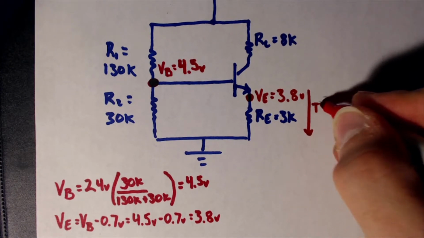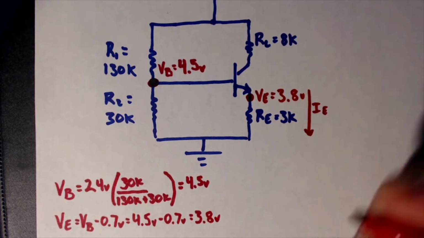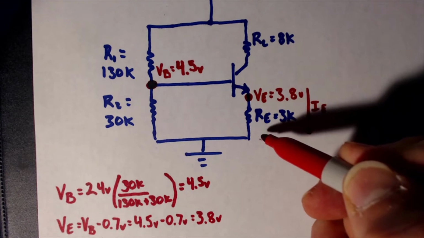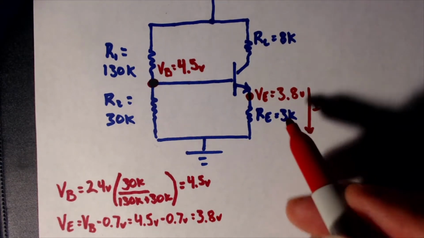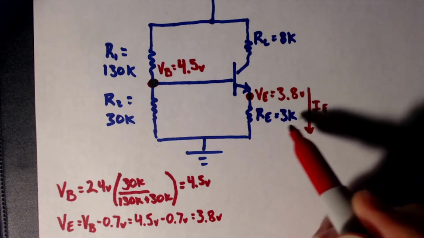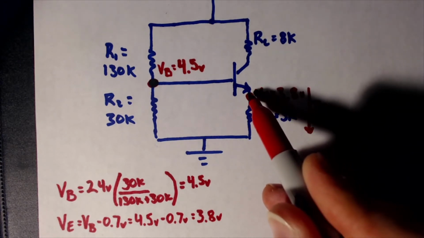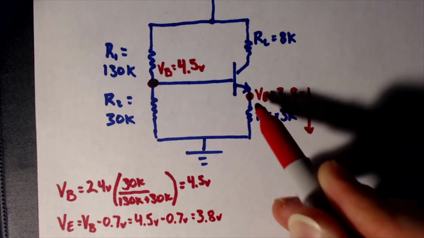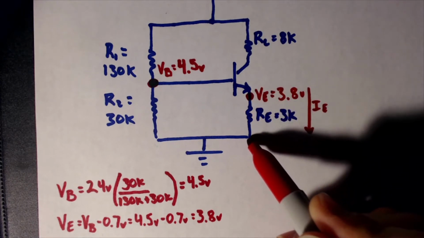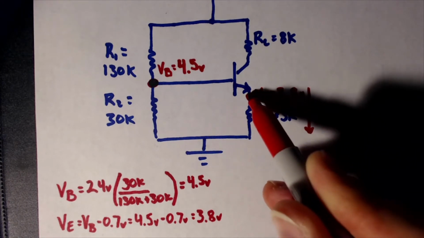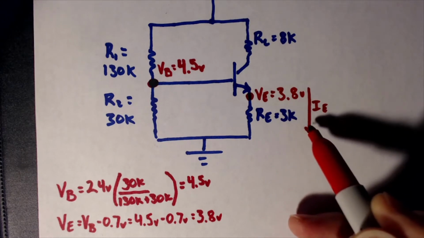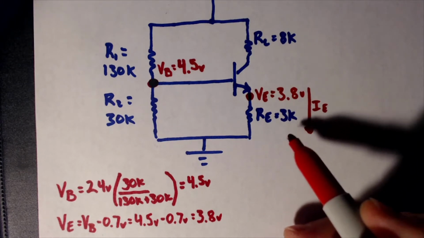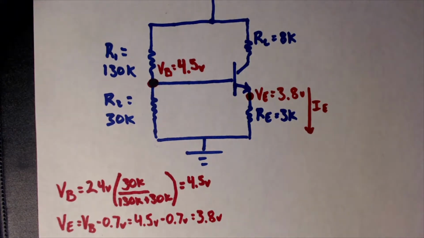Remember, I sub E is the current flowing through this emitter resistor. We can find that using these two values and applying Ohm's law. We have 3.8 volts here and 0 down here, so 3.8 volts is dropped across a 3K resistor.